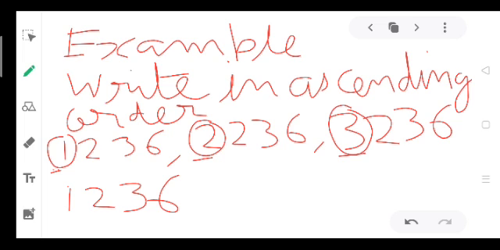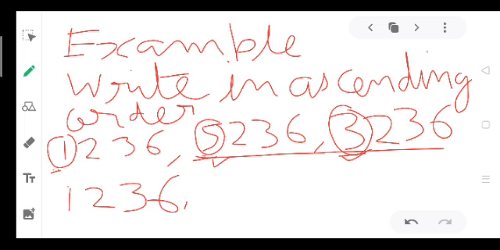Suppose this is not 2, this one is 5236. Now which one is smaller? Now we have to compare these two, because 1236 we already found out is the smallest number. Now we will compare these two.